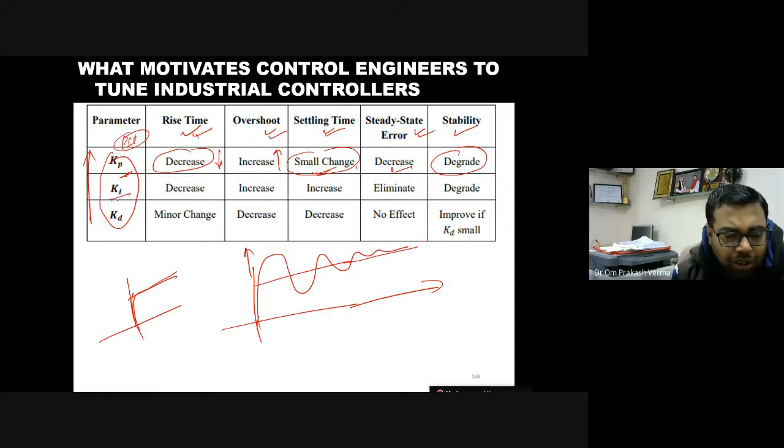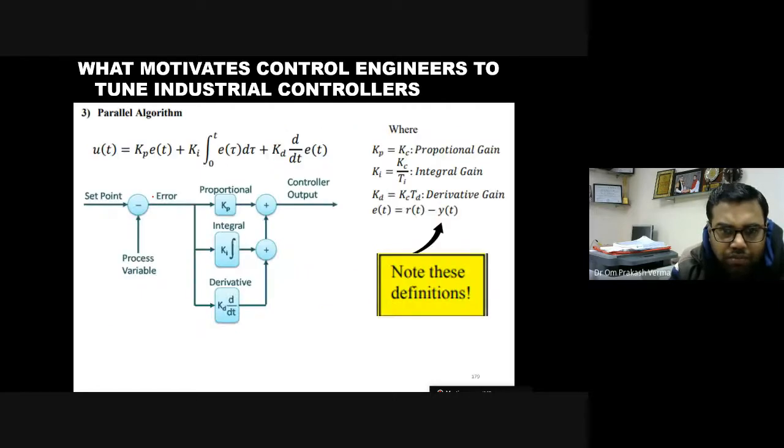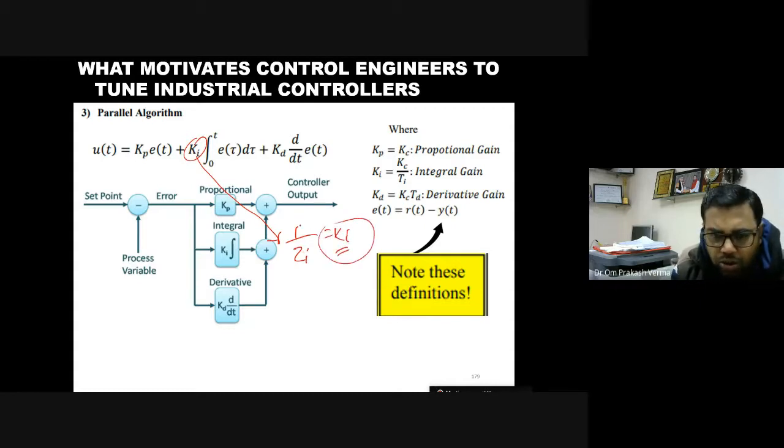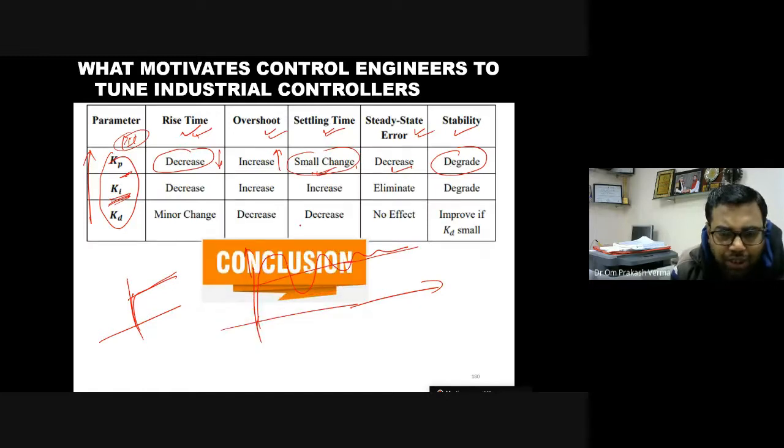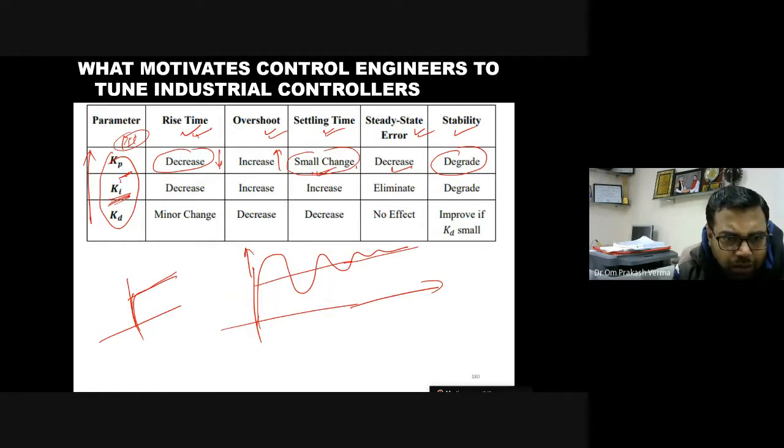When you increase Ki, which is the constant 1 upon tau I, the integral control constant, the rise time decreases, overshoot increases, however the steady state error is eliminated.